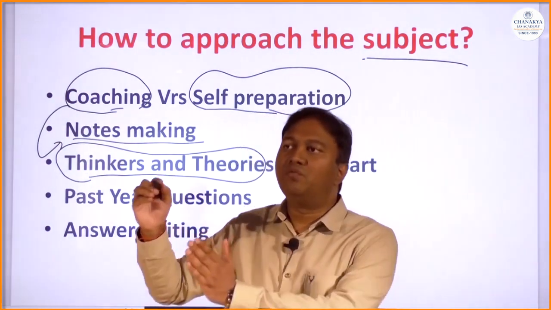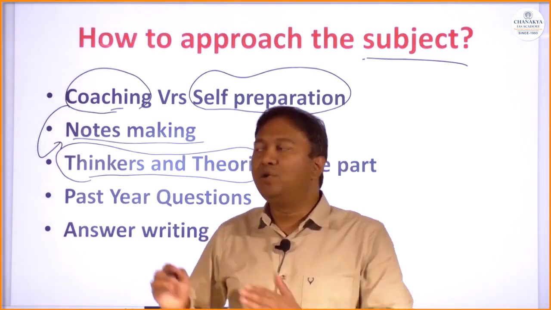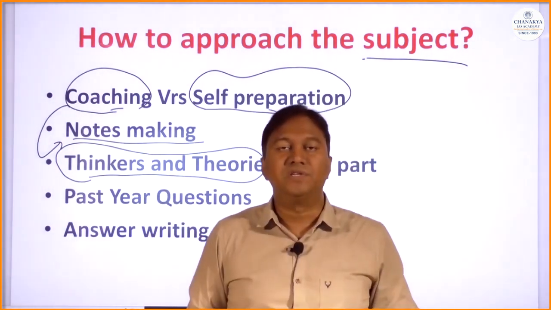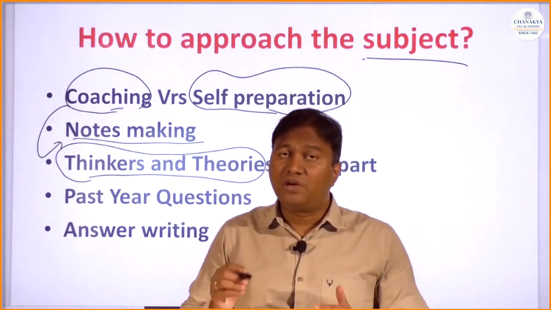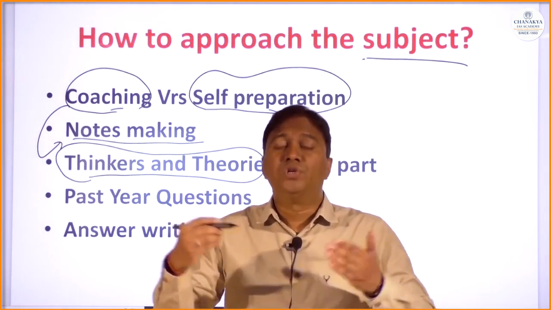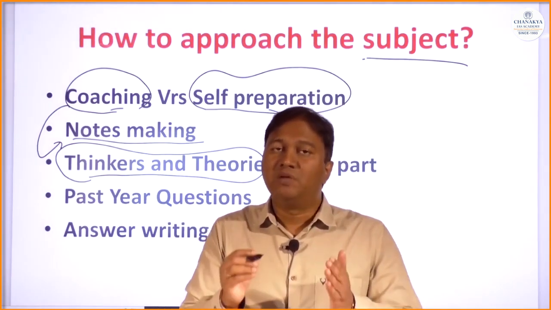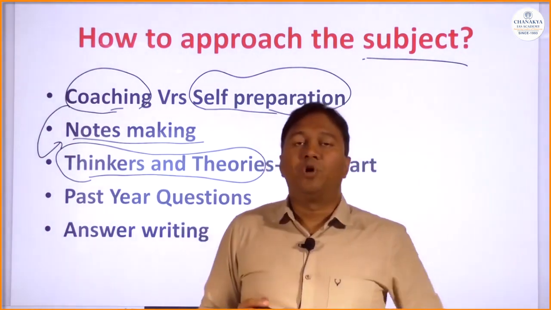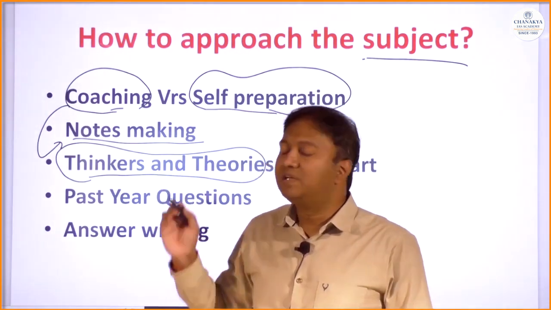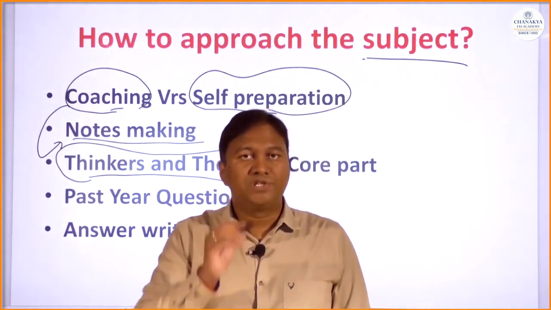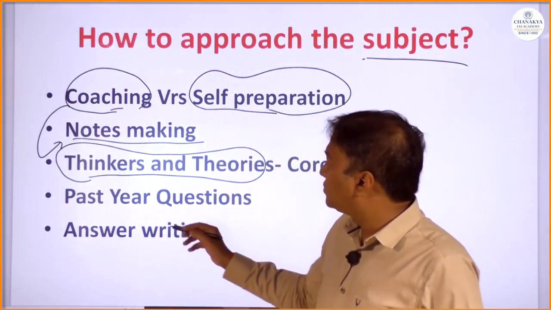Then why are we giving 1 month or 2 months only to these topics, theories and thinkers? They feel that we are giving more time and they try to shorten the time, and that is going to make your preparation a mess because you have not given the proper time which the topics, thinkers and theories deserve. So just make sure that you are implementing this point.